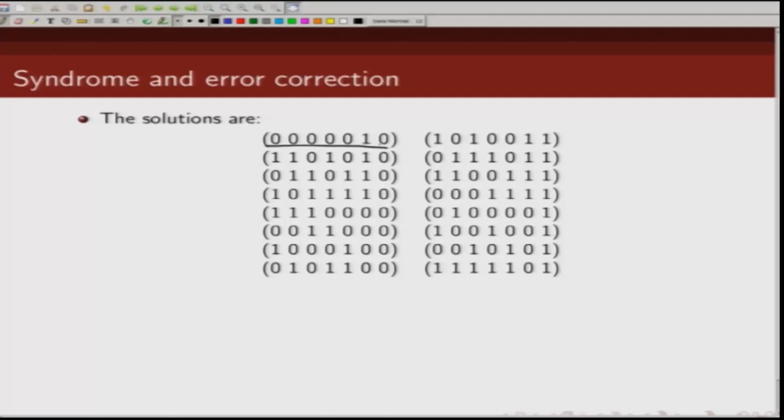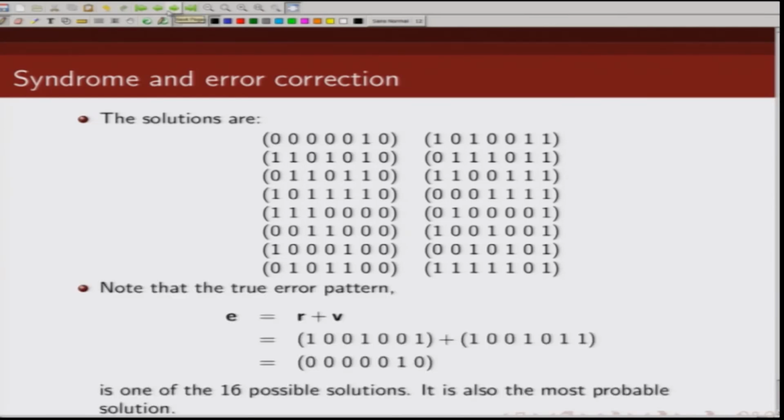So out of those 2 to the power 4 solutions, this is the most likely solution. We can verify this, because we knew the received and transmitted sequences, and the error pattern indeed was this, which we found by solving this set of equations.